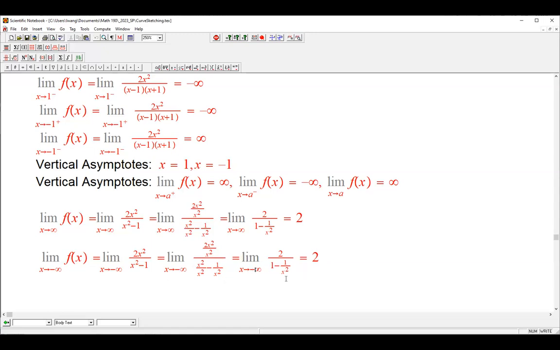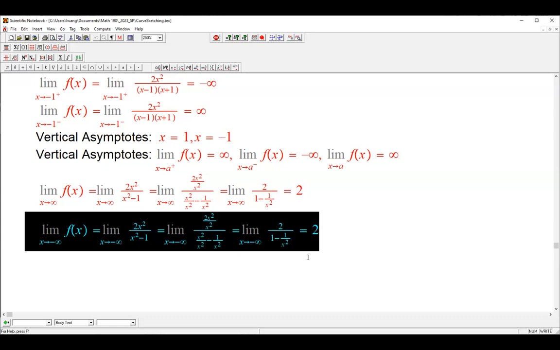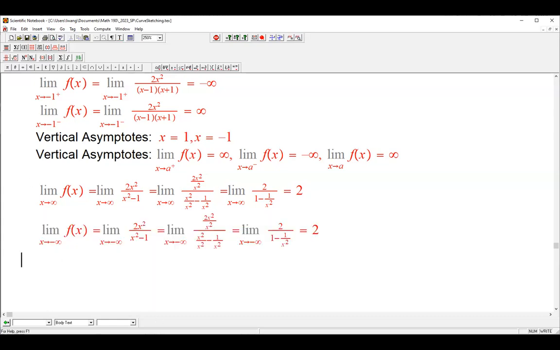All of these work. We don't have to do even this part because the limit is the same. And this tells us we have a horizontal asymptote, and this horizontal asymptote is y equals 2.